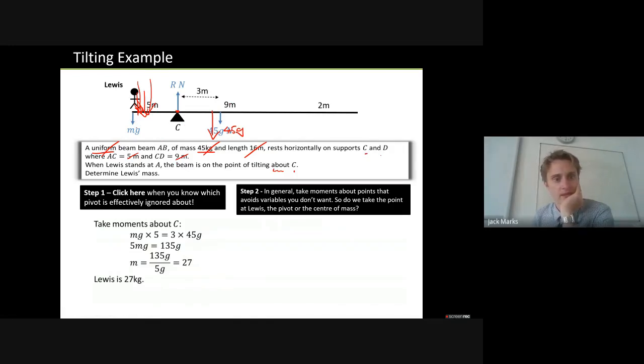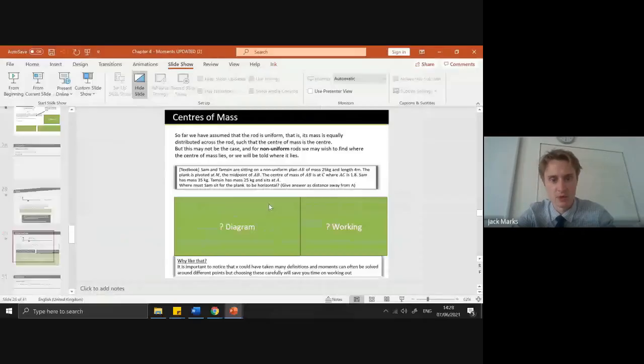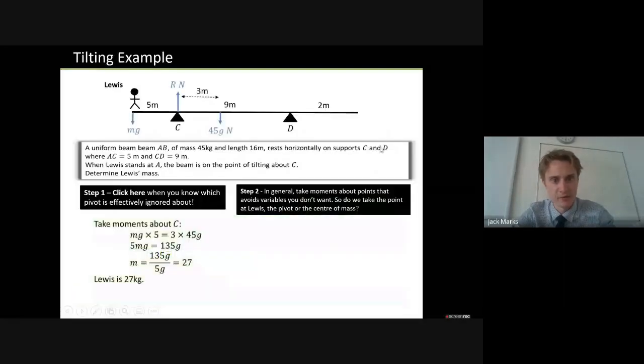Some mass mg, some reaction here, and some downwards force 45G. Now, it's a little bit untidy, but hopefully you can see that's now a fairly basic question. Let's remove it so we've got a clean copy. You're left with that.